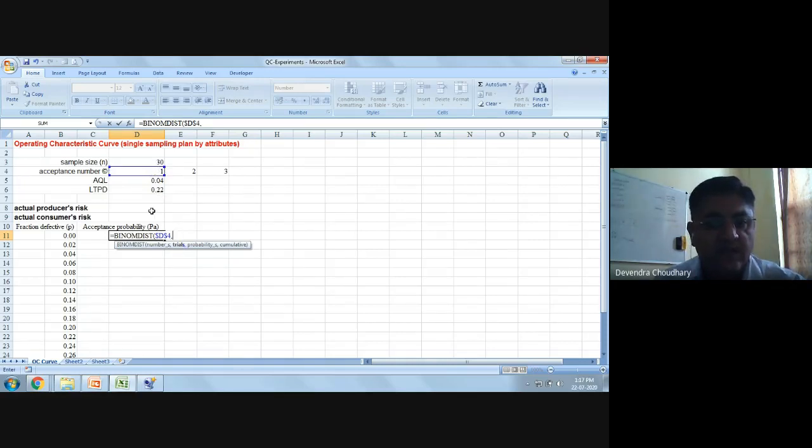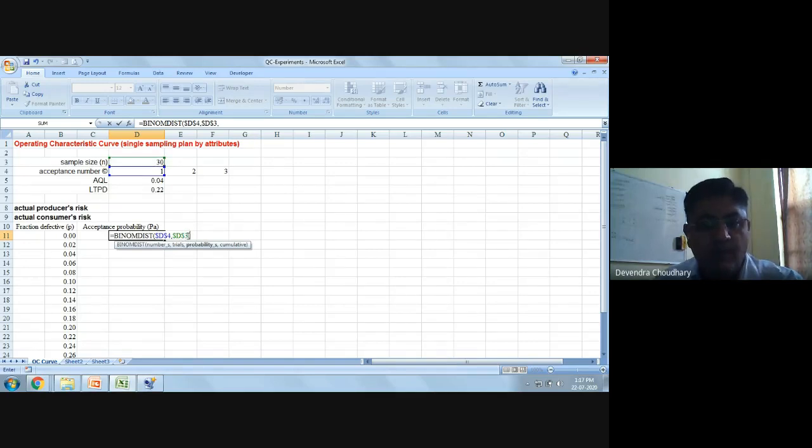Next is trials. Trials denotes your sample size. You can again freeze it by pressing the F4 key, you see the dollar sign, it indicates that that particular cell has been frozen.